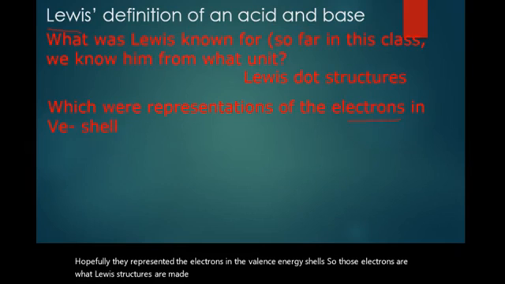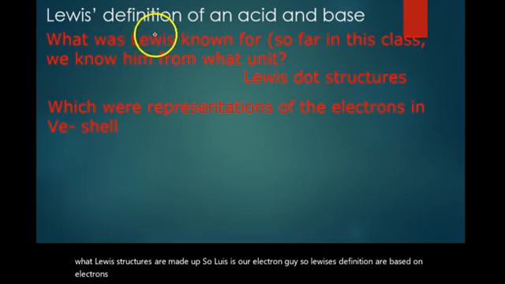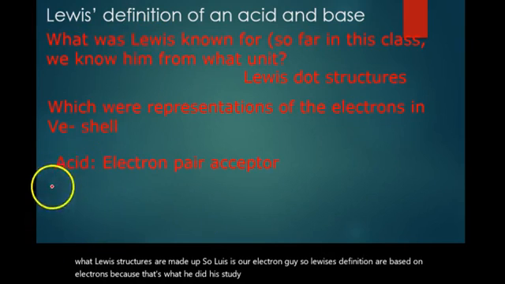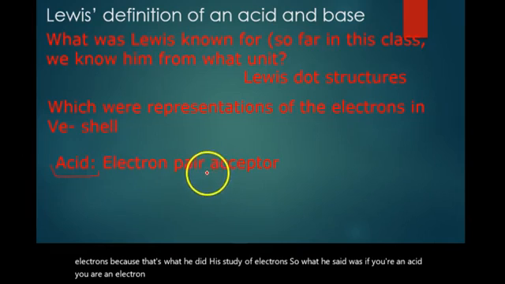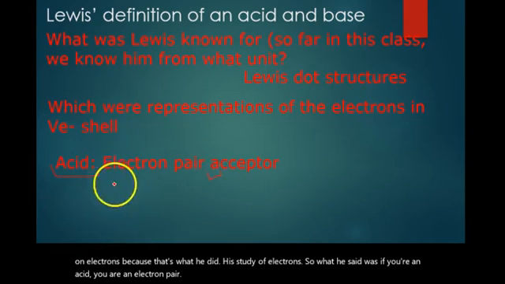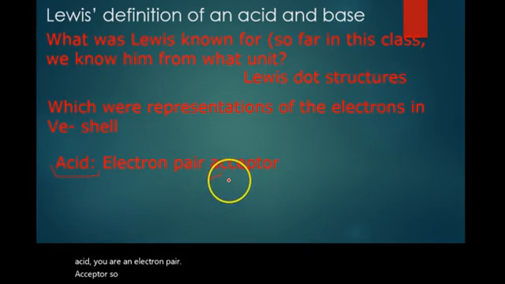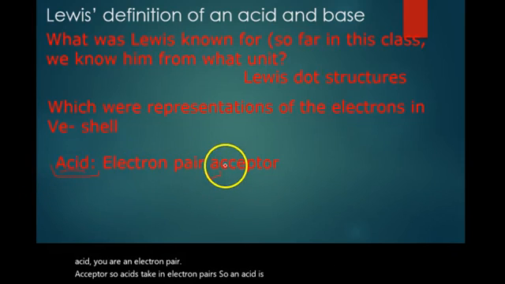Lewis is our electron guy. So Lewis's definitions are based on electrons, because that's what he studied. What he said was, if you're an acid, you are an electron pair acceptor. So acids take in electron pairs. An acid is an electron pair acceptor.